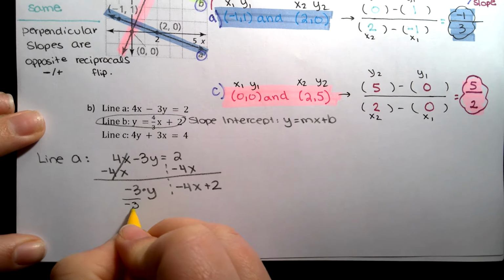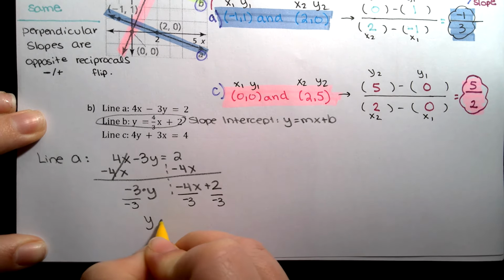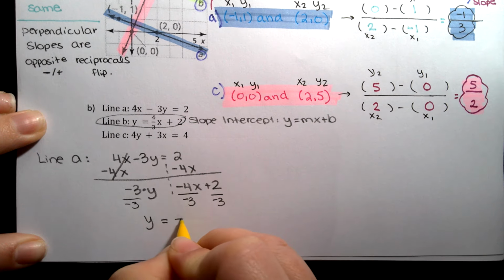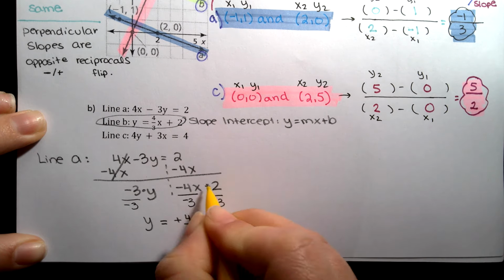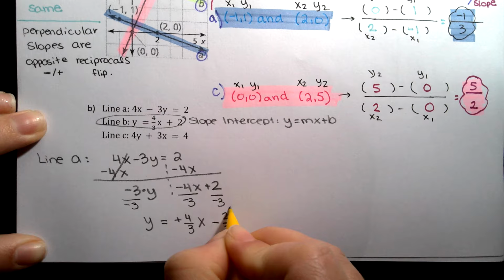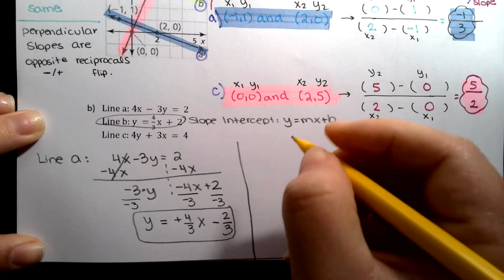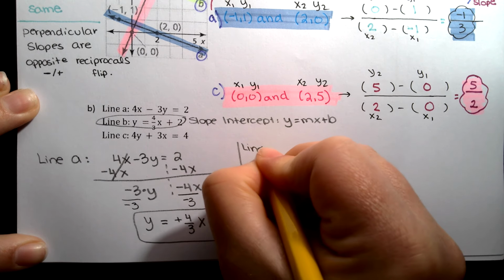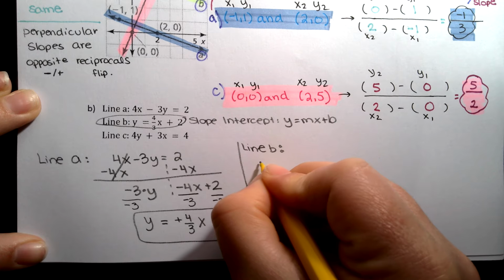Here I need to divide by -3. Be careful because every single thing gets divided by a -3. So now we have a positive 4/3 x in the middle minus 2/3. Yes, it is a fraction. No, we don't care about that. Then we have line B. Line B is already in slope-intercept form, so we're just going to copy it down.